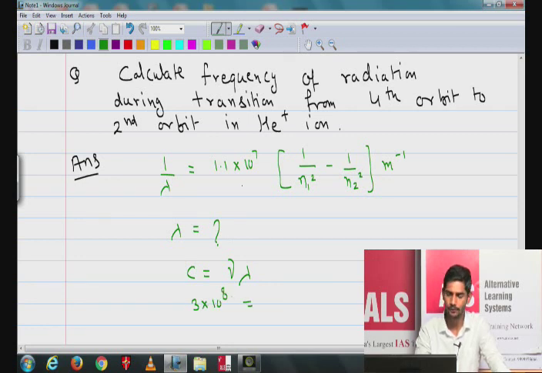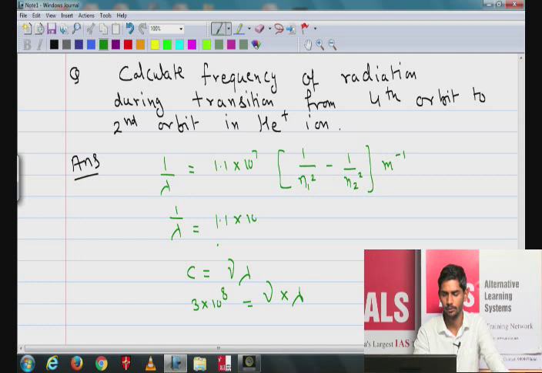You will get the value of lambda from here, put in this value, and calculate the value of frequency. Now solve it and tell me the answer. You have to just put this value and solve the equation.